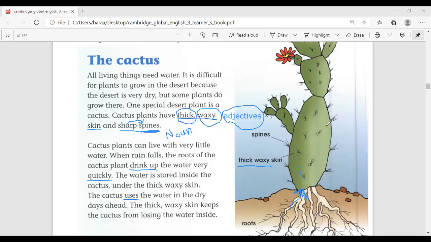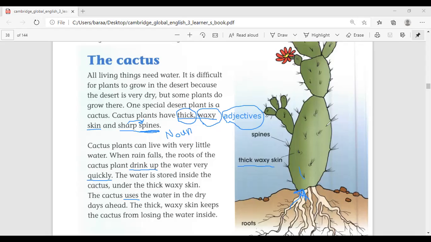It does not have any leaves either. The water does not evaporate and the plant is easily able to use the water under it. So these are the main functions of the main parts of the cactus.